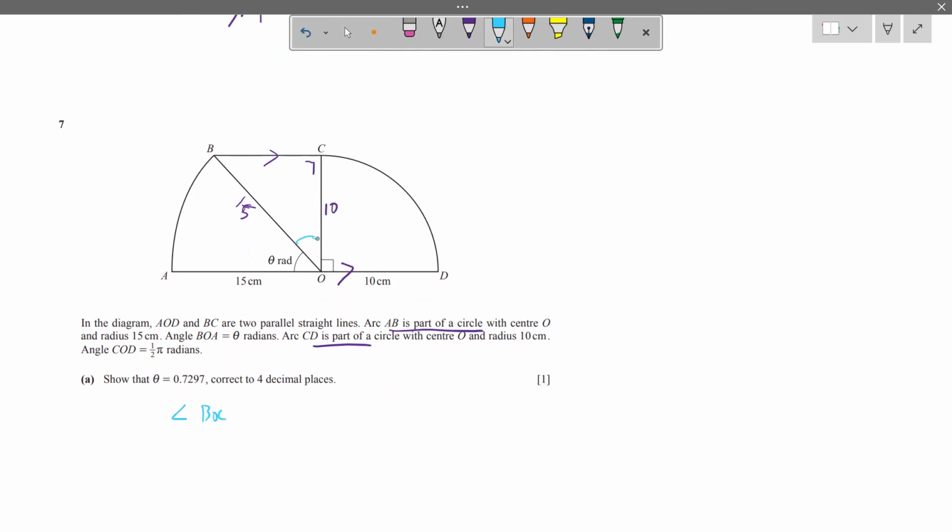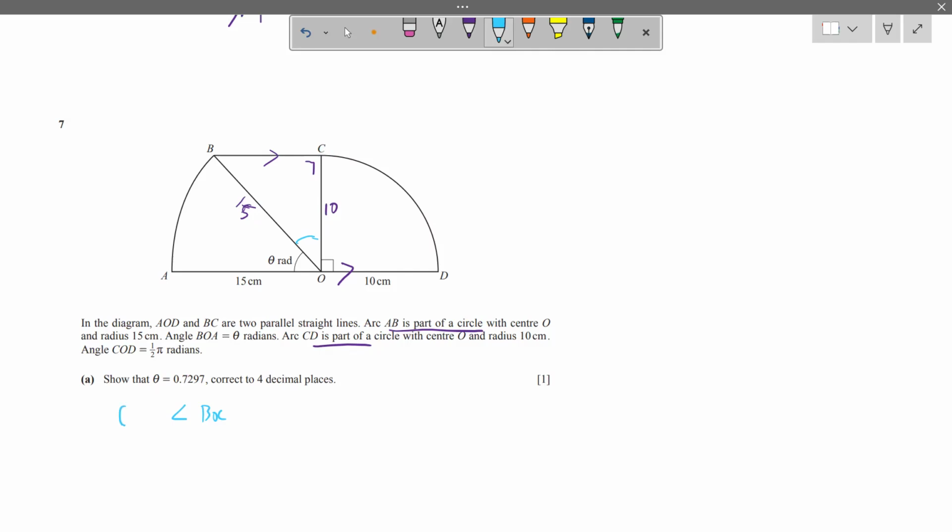Now, consider this angle. If you focus on triangle BOC or BCO, whatever you call it, you notice that you have the adjacent side and the hypotenuse. So what trigonometric ratio uses the adjacent side and the hypotenuse? That's right, the cosine.